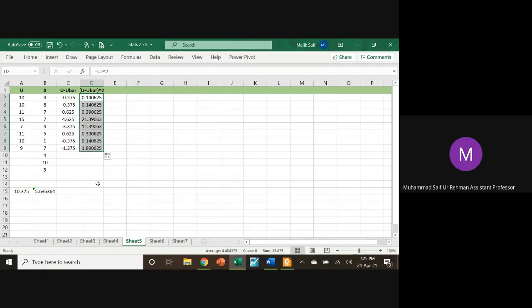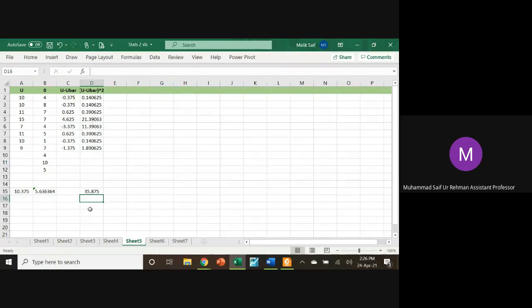So you have all these values, and now we are interested in having the sum for this. So come over here, press equal, and write down sum, enter. So this is the sum for this series. And then you are interested in taking the variance for this series.